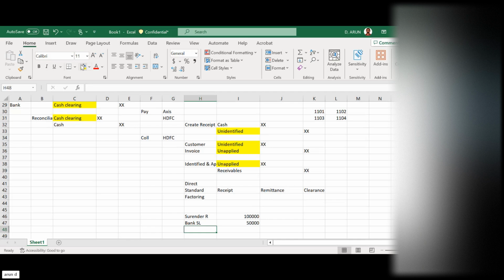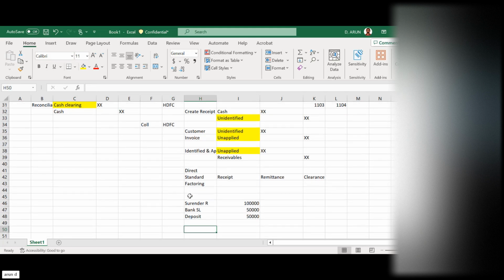So now the bank will deposit 50,000 in my bank account and the settlement process will be completed. Which means that already I have received 50,000 as a short-term loan, and on the due date I am receiving the remaining amount. Okay, so this is about the factoring, which is mostly used in other countries, but not in India, the Middle East, or these South Asian countries. Okay, so this is all about the O2C processes.